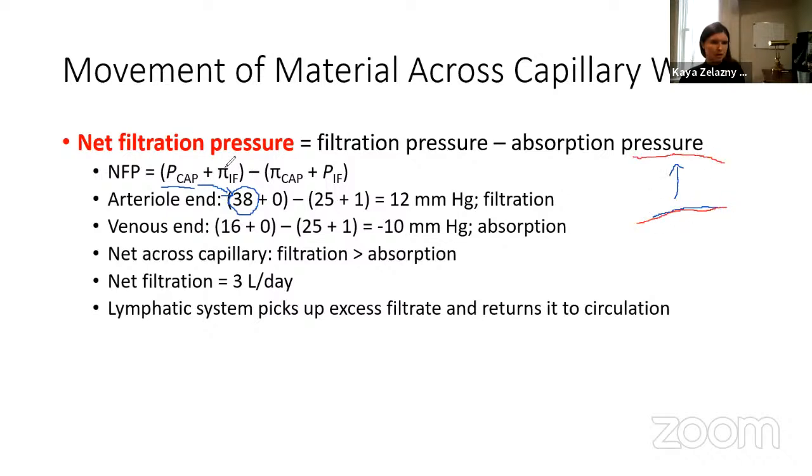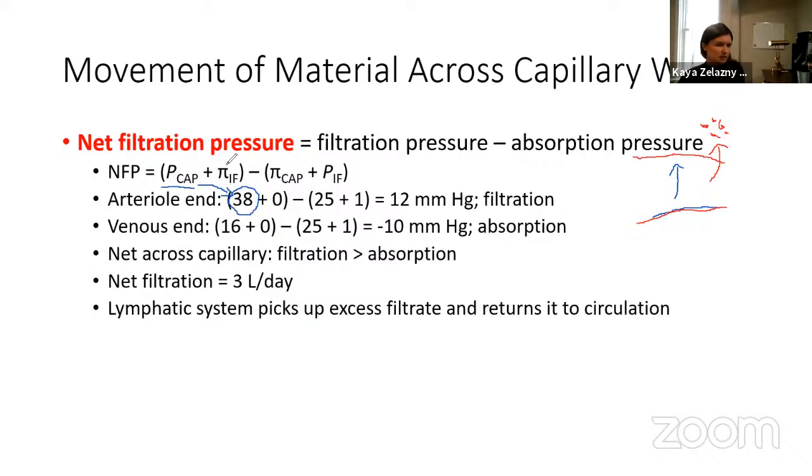The other force for filtration, for this direction of arrow, is the pull from particles, those impermeant solutes, in the interstitial fluid. So it's a pull, but when we draw the arrow, we see that it's exerting a force towards the interstitial fluid, which is filtration.